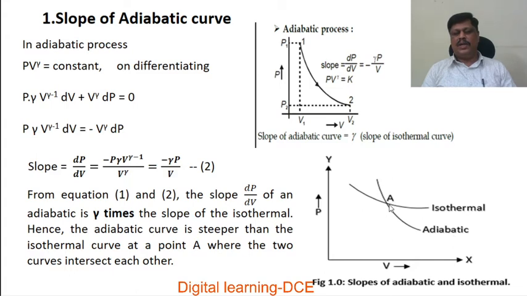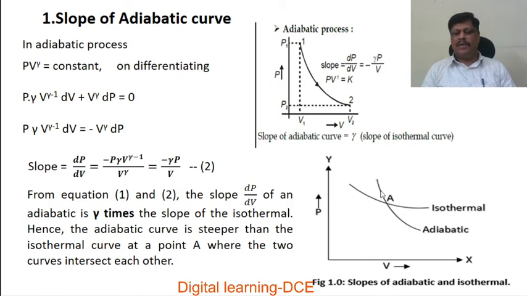At the point of intersection, if we take the slope of the two curves, the adiabatic curve is steeper than the isothermal curve. The slope of the adiabatic curve is gamma times that of the isothermal curve.